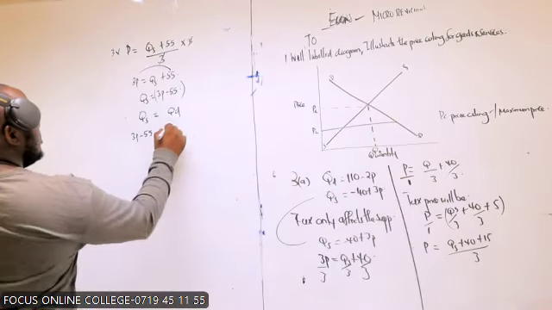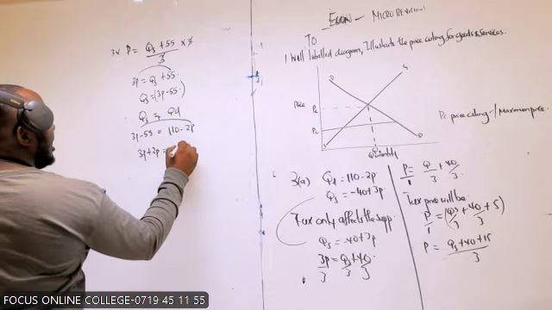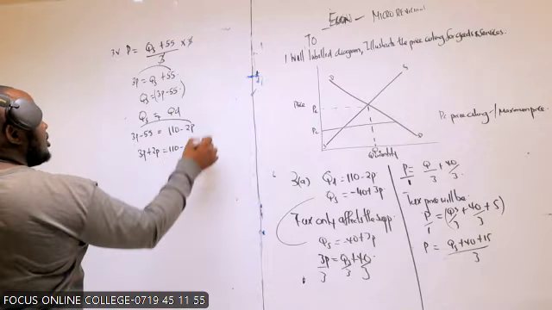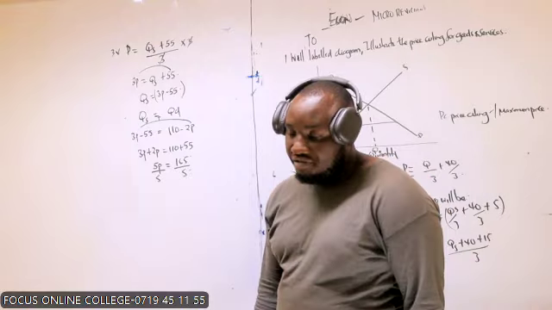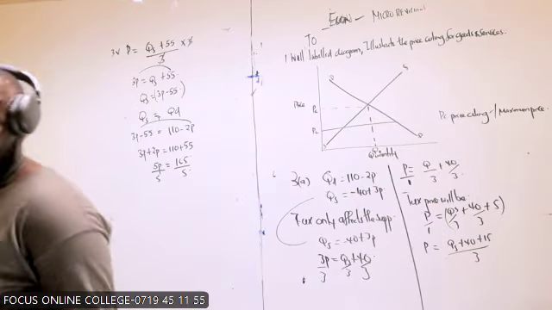So that's going to be 3P plus 2P is going to be 110 plus 55. So we have 5P equivalent to 165. To get P, you divide both sides by 5. What is P?